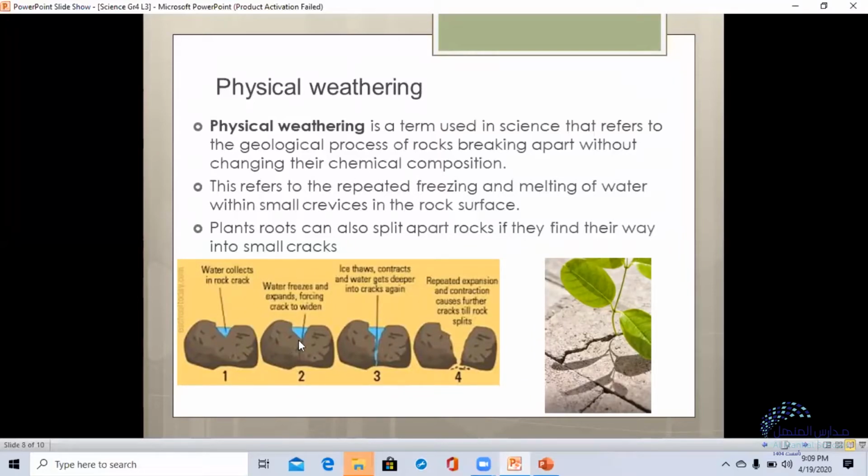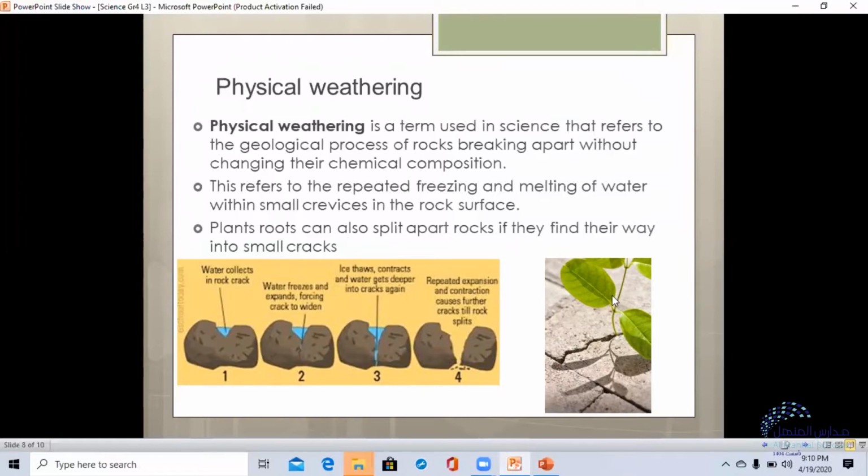When it freezes, it expands and it forces the rock to crack even further. In the next season, the water might collect again and further push the rock apart until the rock splits apart. Plants' roots can also split apart rocks if they find their way into small cracks.